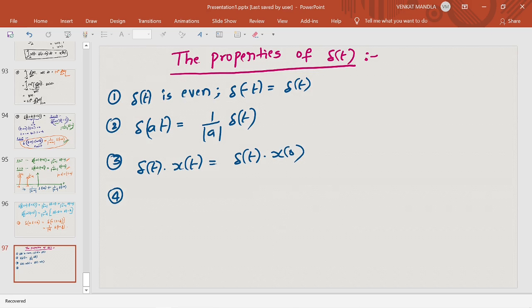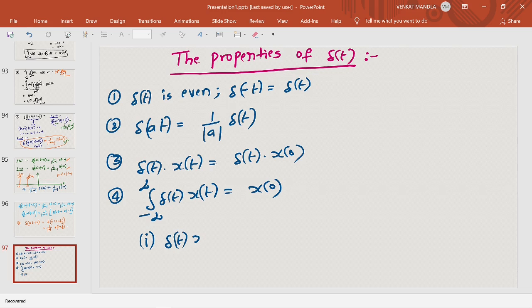Next, integral from minus infinity to plus infinity of del of t into x of t equals x of 0. And here itself, del of t minus t naught into x of t is x of t naught into del of t minus t naught.